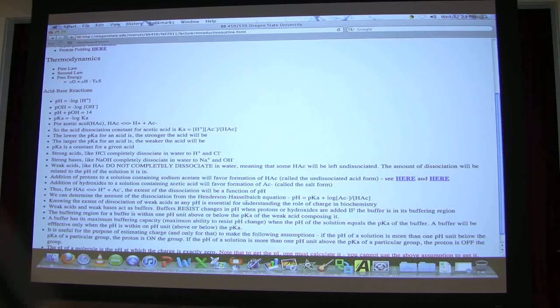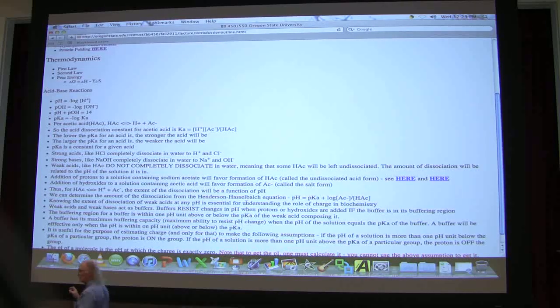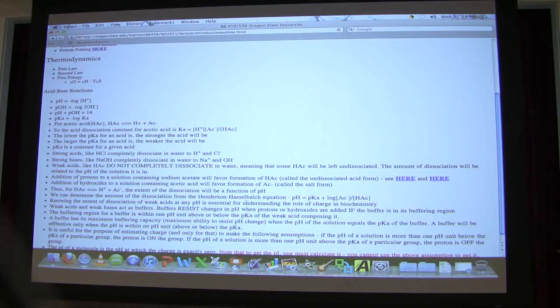There are a couple of problems I've assigned that will illustrate what a buffer is and how it works. They're ones I made up for you on the system. If you click on those, you'll see how a system that has a buffer differs from a system that doesn't if you add the same amount of protons. There's a very big difference between the two.